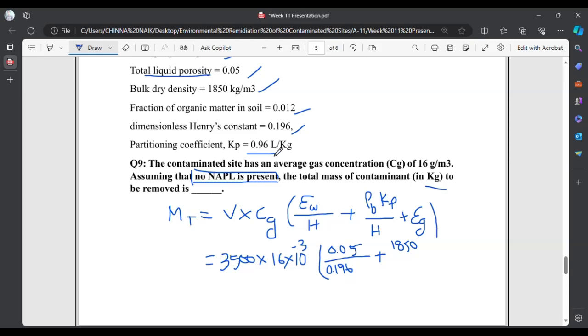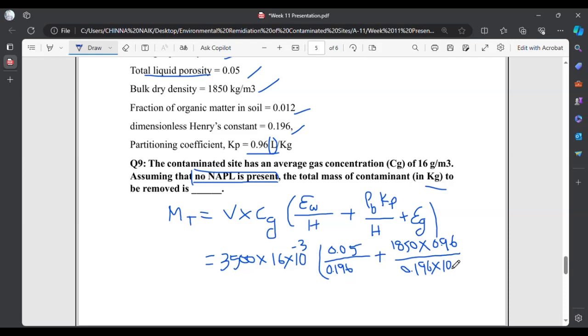And Kp is in liter per kg. Here again they mention liter, so we have to convert this liter to meter cube. Converting, 1 liter is equal to 10 power minus 3 meter cube, that is divided by 1000.